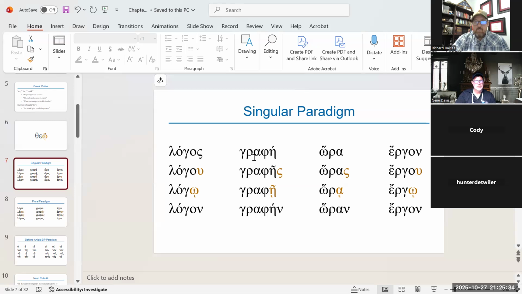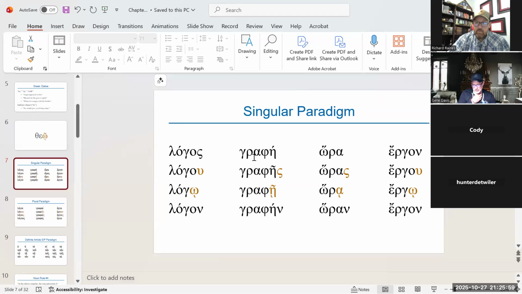Okay, let's go through that again. Graphes, what is the gender? Feminine. What is the case? Genitive singular. So case is genitive. What is the number? Singular. How would you translate it?